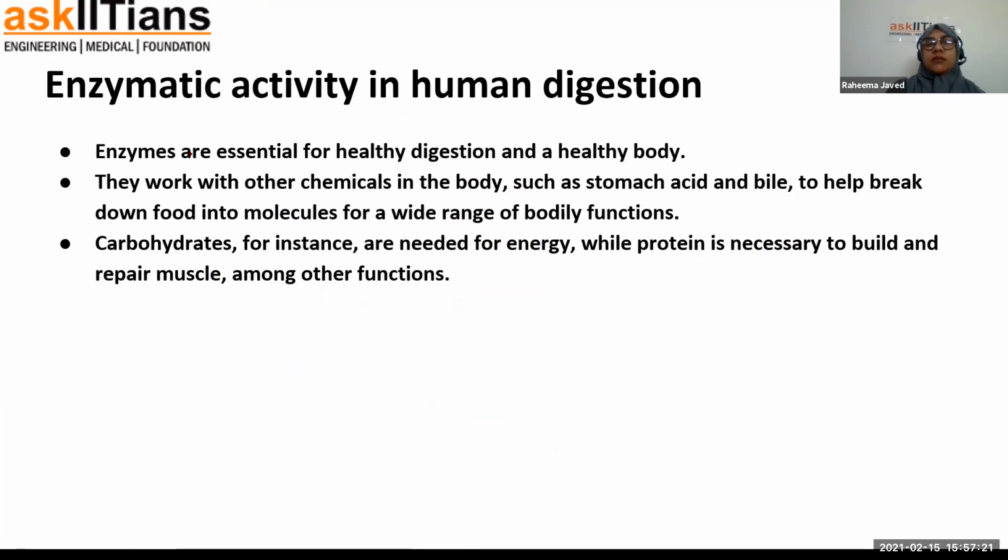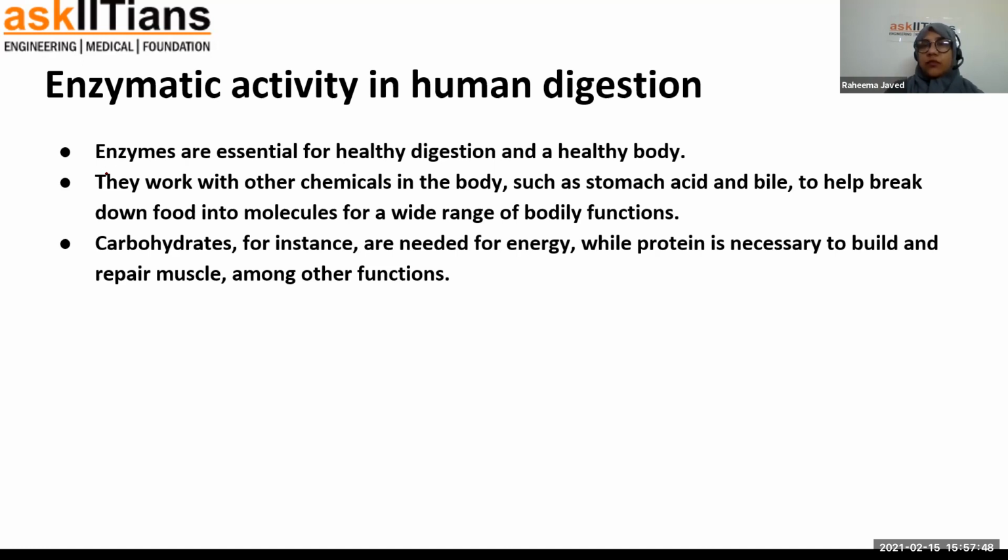In the enzymatic activity in human digestion, enzymes are substances that are basically biocatalysts which speed up the rate of reaction without being consumed during the course of the reaction. So they help in breaking down the products at a faster rate, and they do so without being consumed during the reaction.